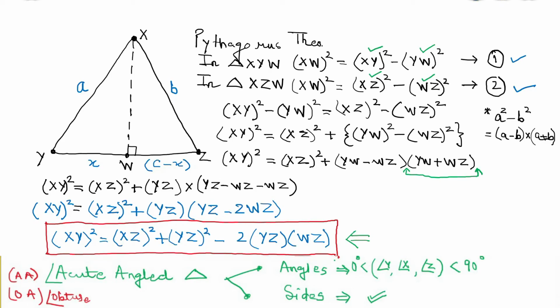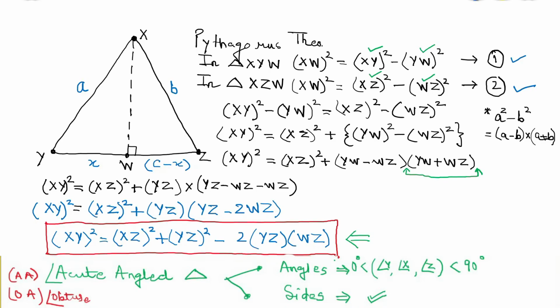What I wanted to write here was at least two angles, so this is not correct. But in that case, what is the correct version? If at least two angles are given, can I infer whether it is an acute angle triangle or not? I can.